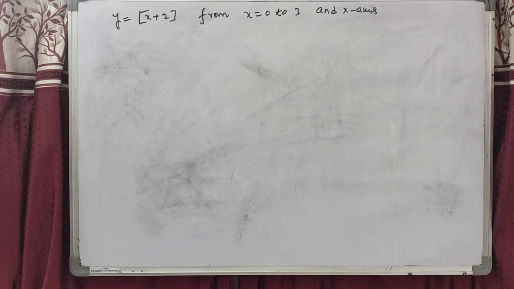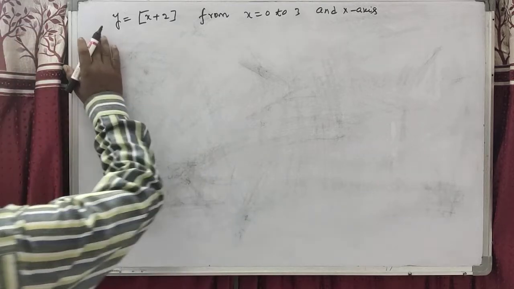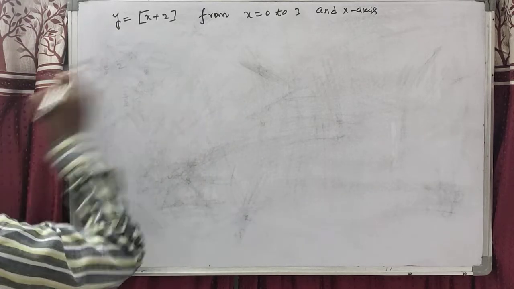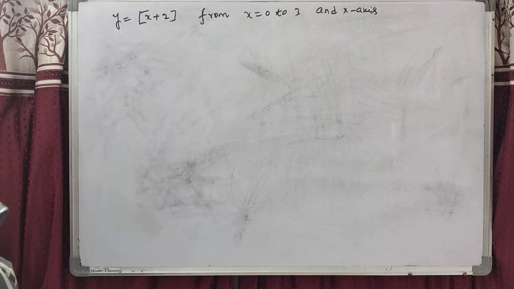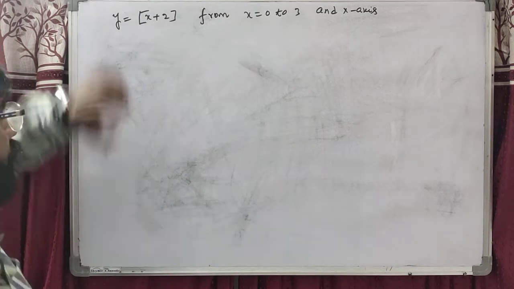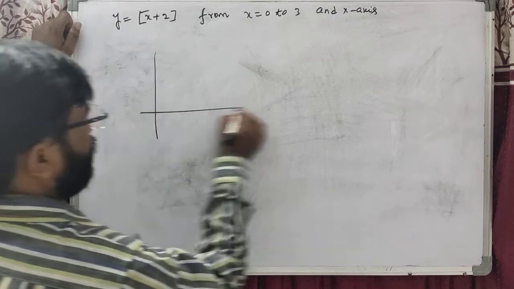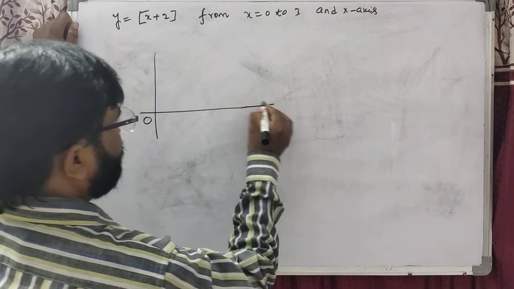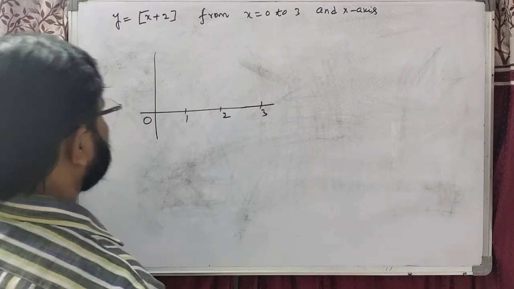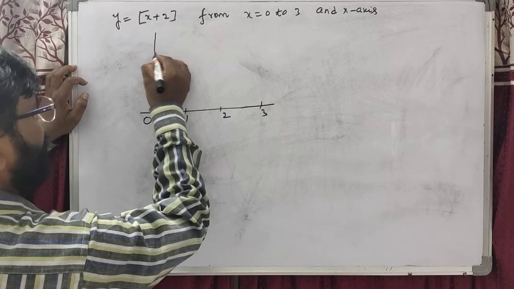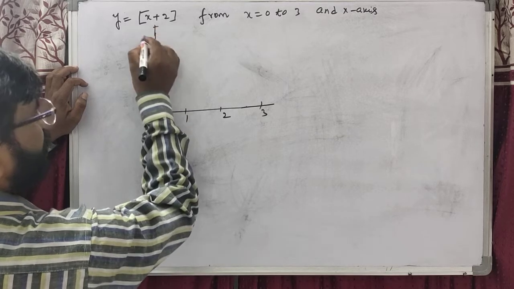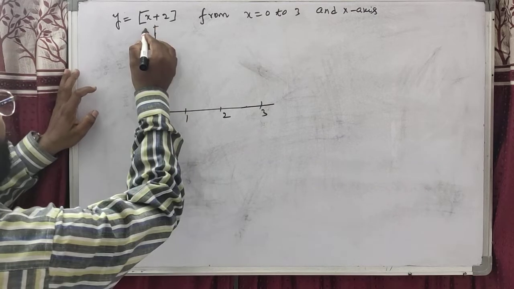Dear students, now we have to find the area of the region bounded by the curve y equal to the step of x plus 2, where step denotes the greatest integer function, from 0 to 3. Dear students, we are taking 0 to 3. This is 1, this is 2, this is 3.